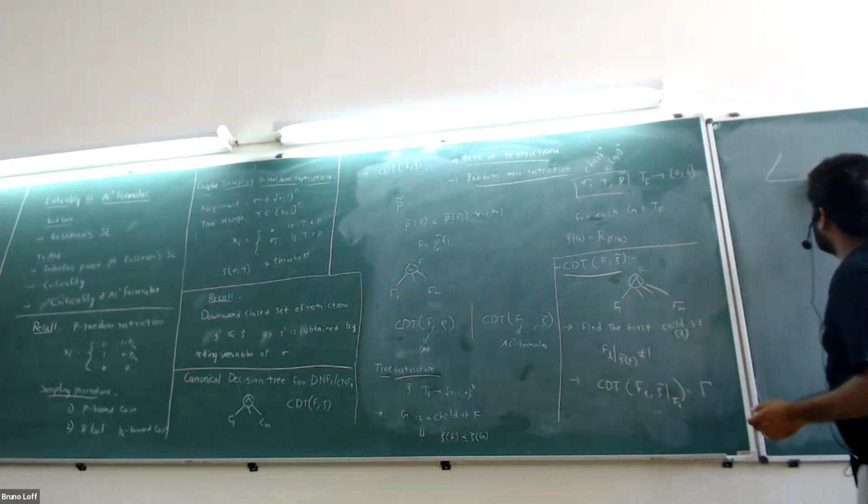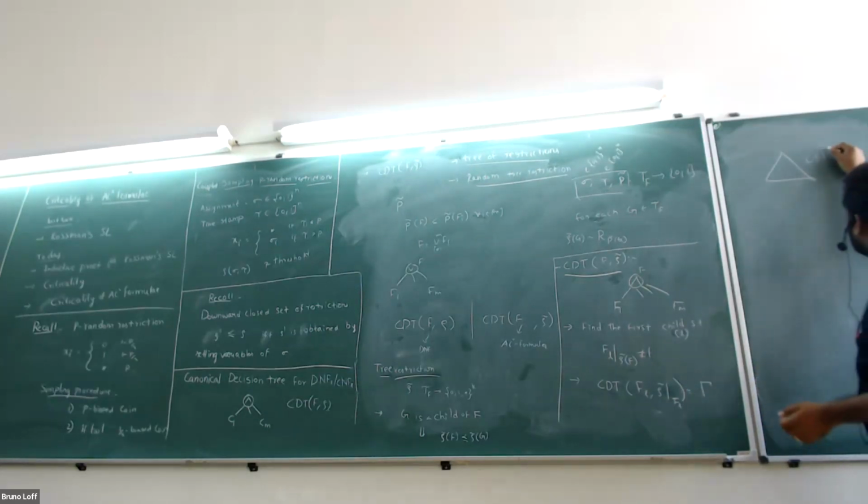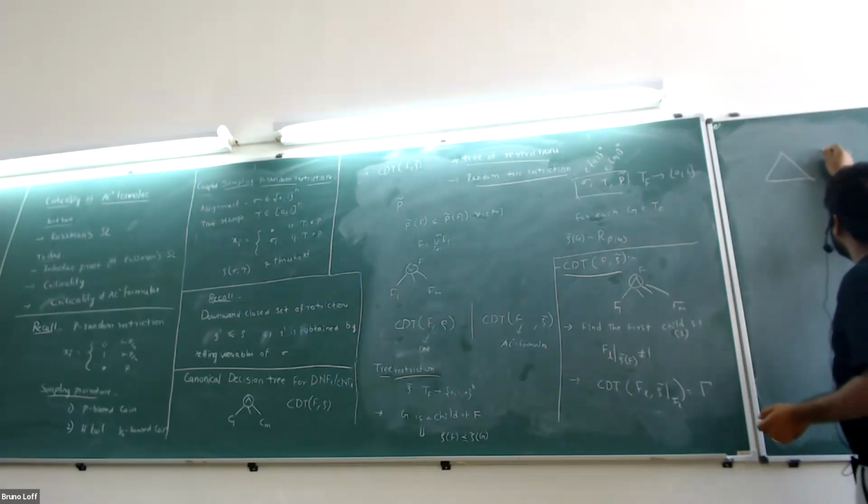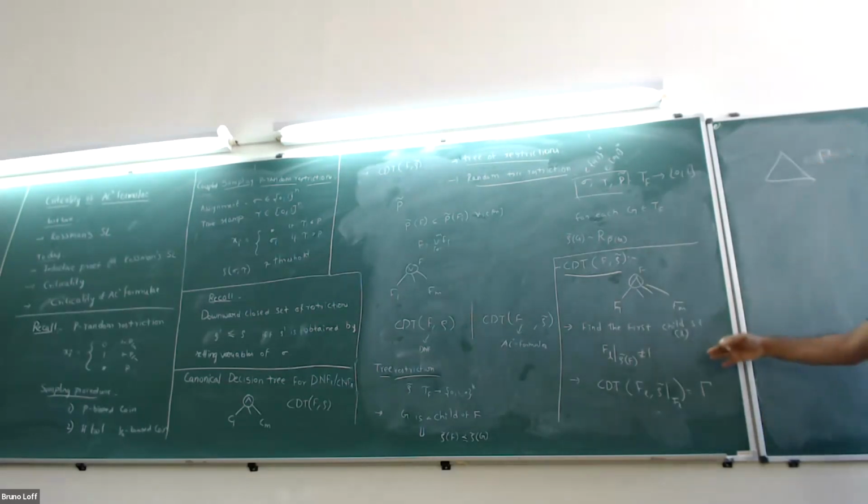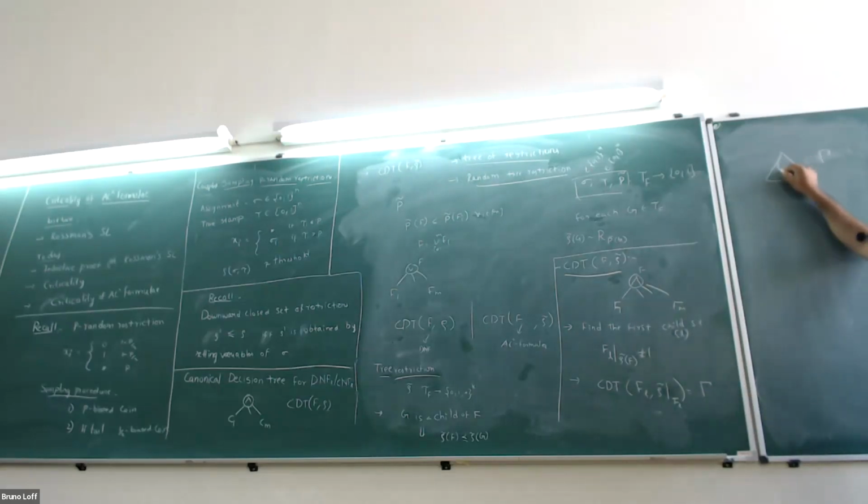So here one might want to just put this gamma, and then for each leaf you recurse. This is the naive attempt.